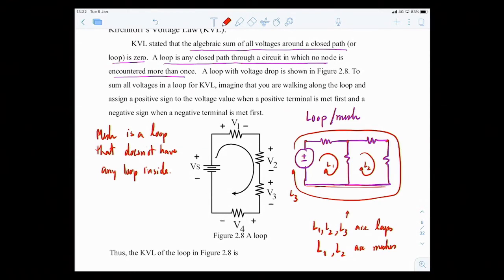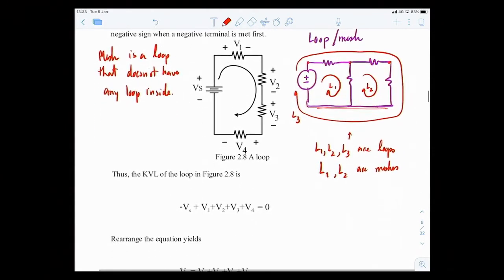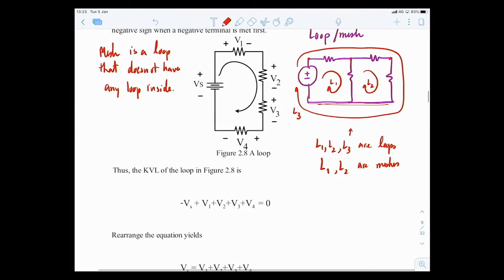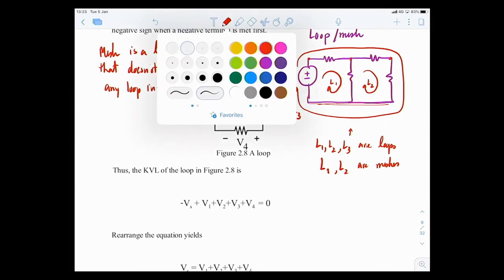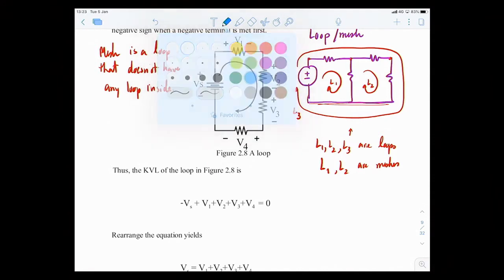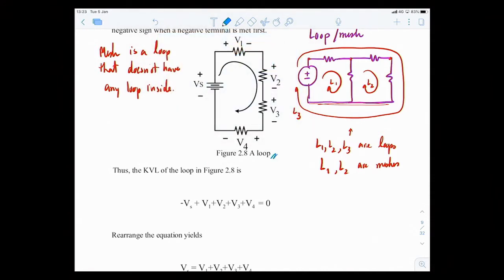So now go back to KVL. KVL states that the algebraic sum of all voltages around a closed path or loop is 0. If we look at this black figure here, we have a loop, and this is the current.